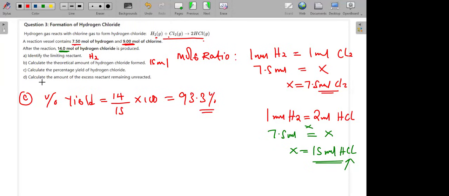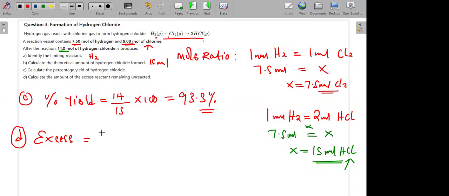And then D, calculate the amount of excess reactant remaining. To calculate the excess moles remaining, we say the moles that were initially in the reaction, because remember the one in excess is the chlorine.